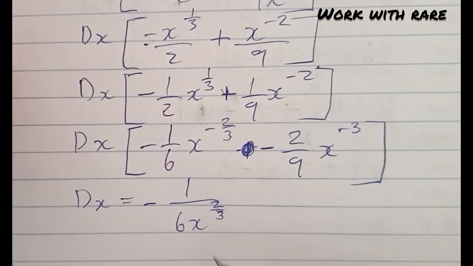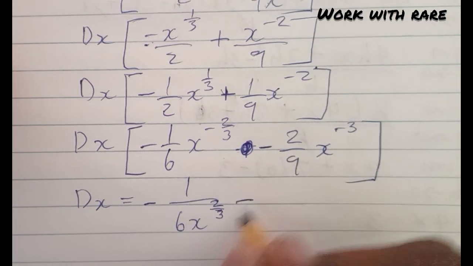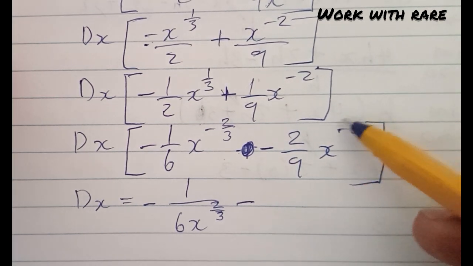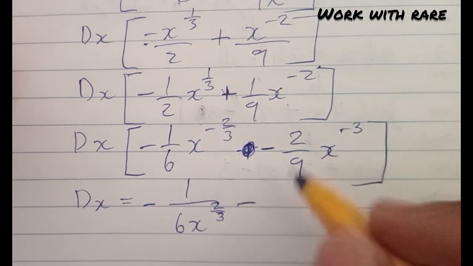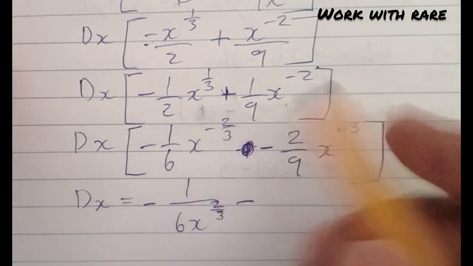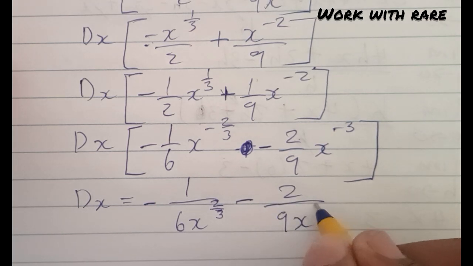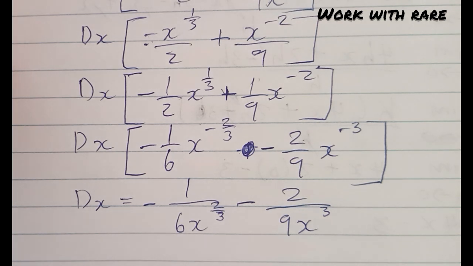You can see now my exponent here is positive, and here, like I said, it's minus now, and here I have negative 3, which means even this one will be on the denominator. But here I have 2. So I'll say 2 over 9x to the exponent 3. So that's how you should do it. So it's 4 marks. After that, you get your 12 marks. So it is not that difficult, just that you should be careful when you substitute.